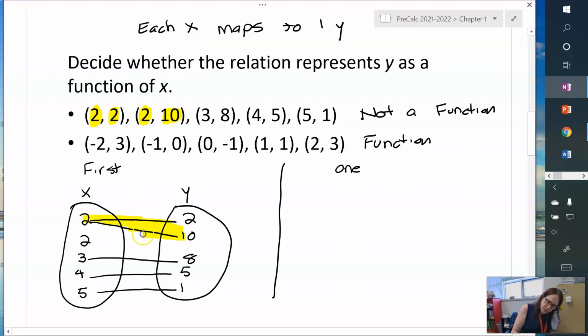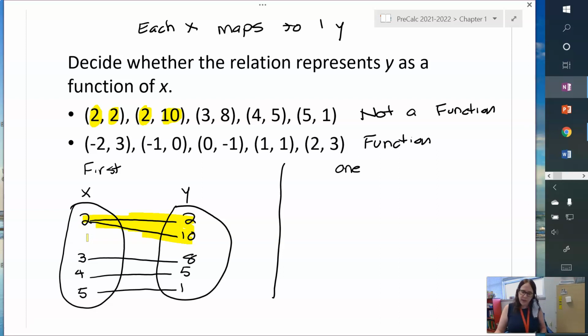Right here, this 2 goes to both the 2 and a 10. Now I want to point something out. I wrote down the 2, that's x, twice. You don't need to do that. So I'm going to take this out of my domain because I only have to put in x once.